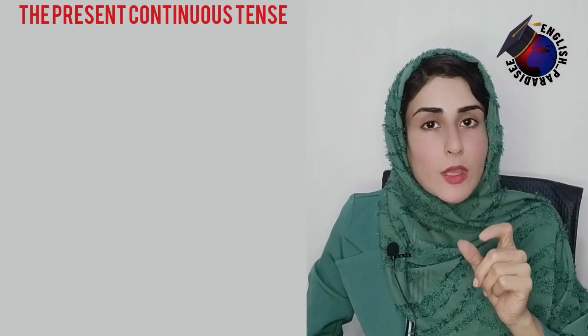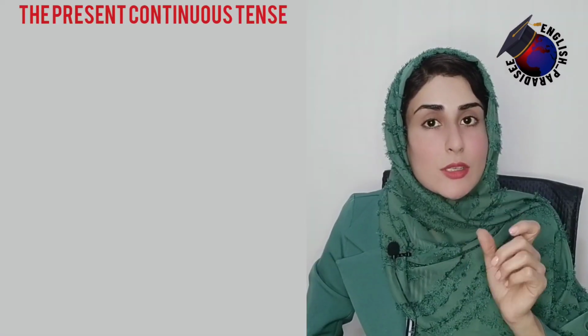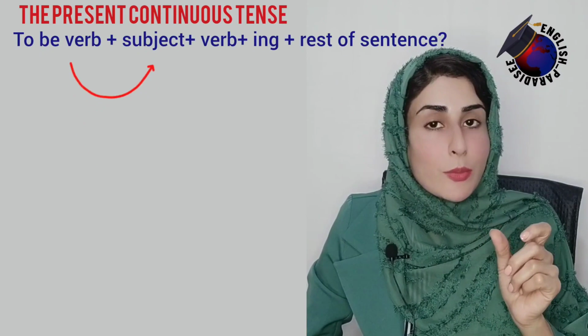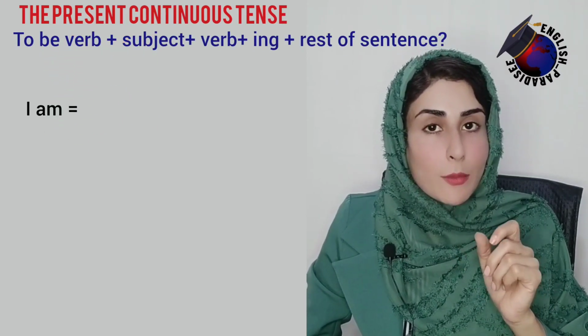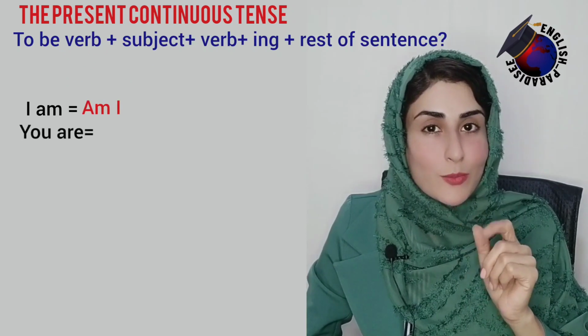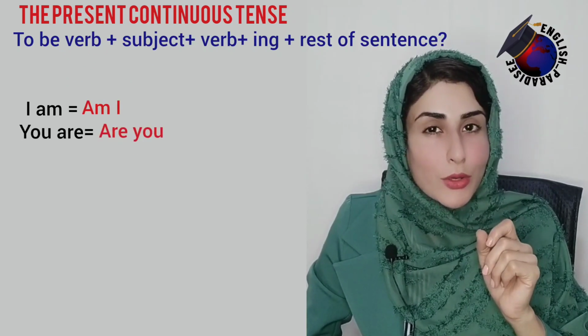Okay? Okay, now if you want to ask a question about things that are happening right now at the time of speaking, you can use the present continuous tense. For asking a question, just swap the to be verb and the subject. For example, I am becomes am I? You are becomes are you?